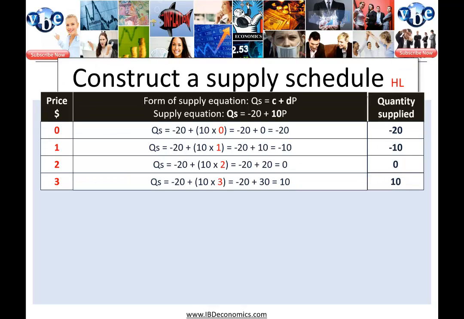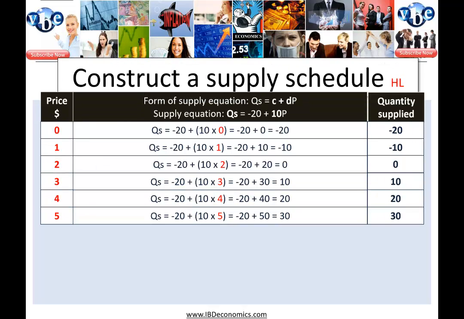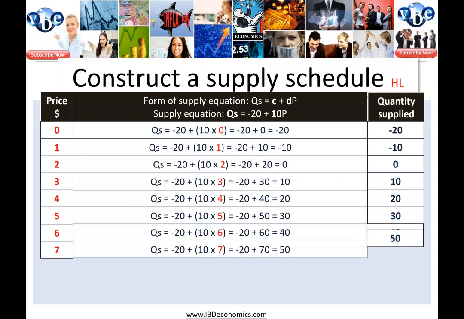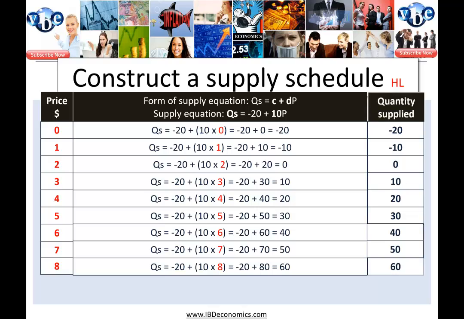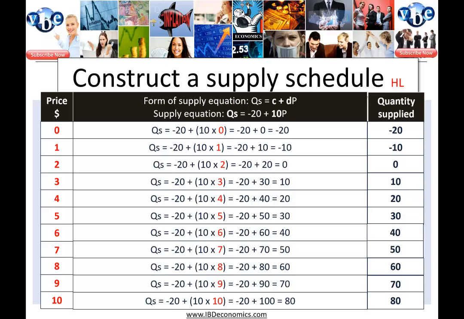And now we start to get a positive quantity supplied. So $3, 10 is the quantity supplied, $4, 20, $5, 30 supplied, $6, 40 is the quantity supplied, and at a final price of $10, the quantity supplied is 80 units.